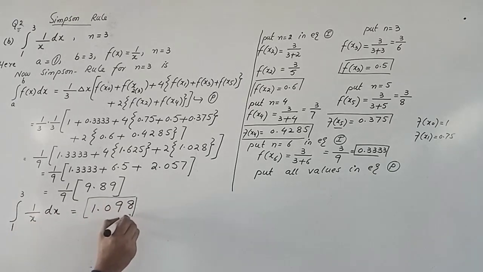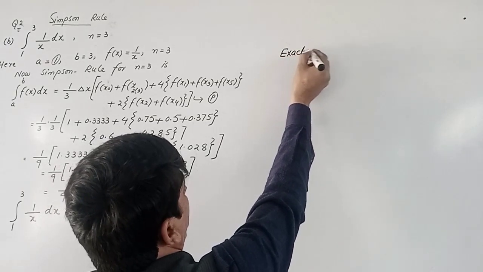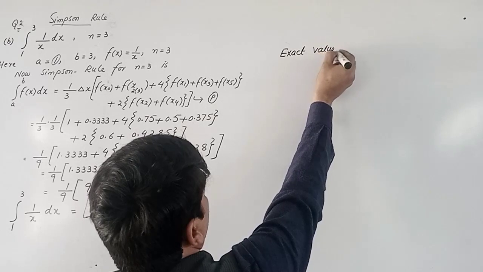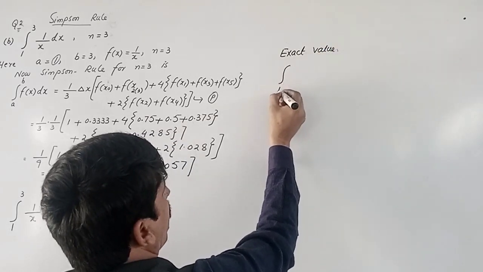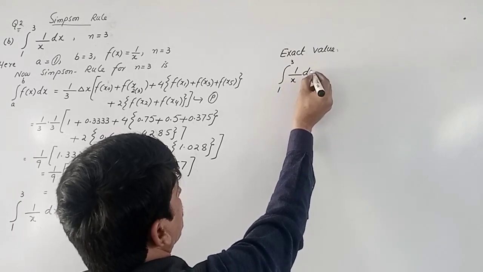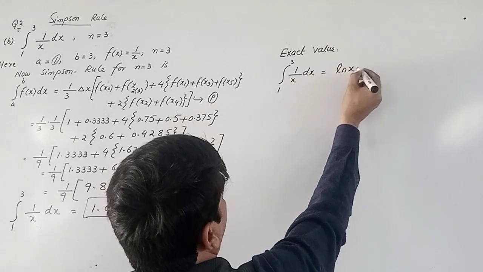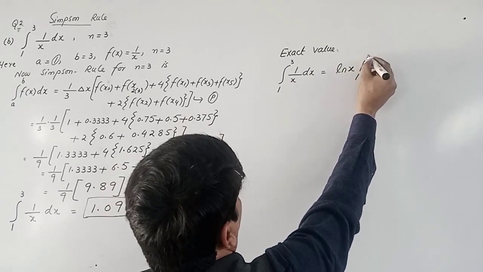Now we find the exact value. The exact value of the definite integral from 1 to 3 of 1 divided by x is log of x with limits from 1 to 3.